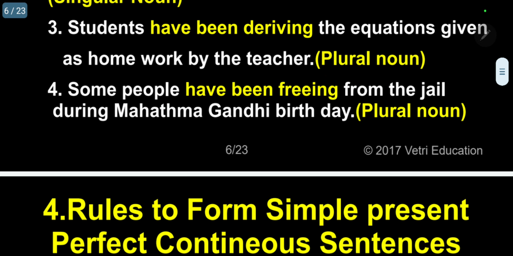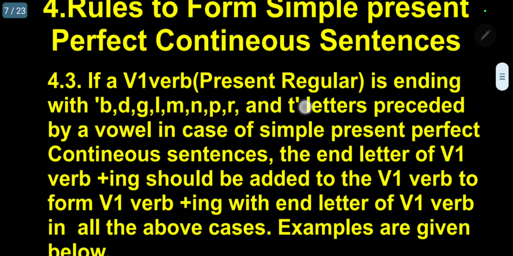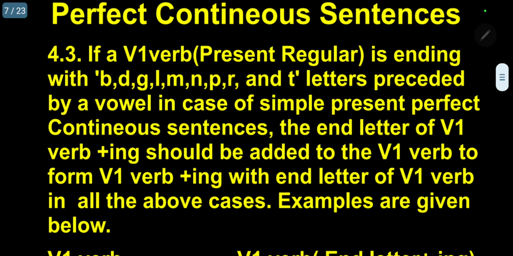Please follow. Now, rule 3. If a V1 verb is present regular, as you know already, that means when it is converted into past tense, D or ED will be added. That is a regular verb.